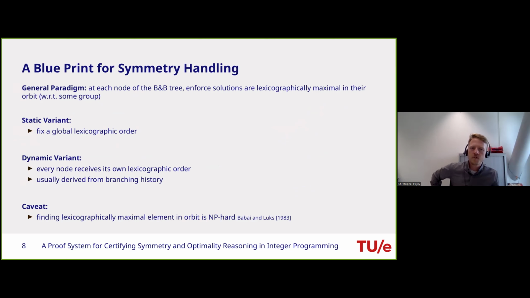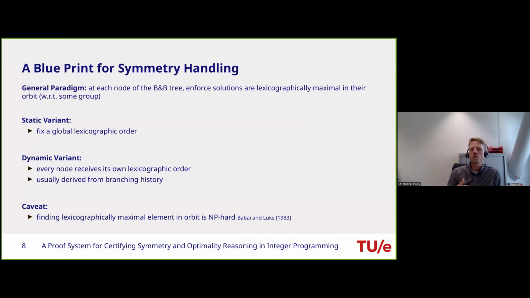And this is the general paradigm for many symmetry handling techniques. There is a static variant in which we fix a global lexicographic order up front, or we dynamically derive during the solving process a lexicographic order for the different nodes of the branch and bound tree, ideally from the branching history to ensure some compatibility between the lexicographic orders at the different nodes.